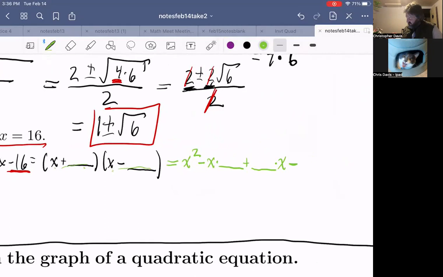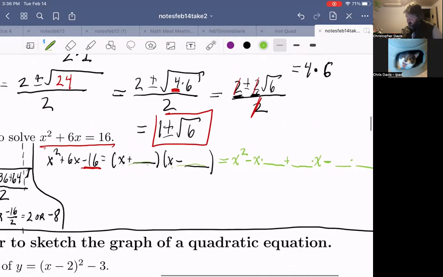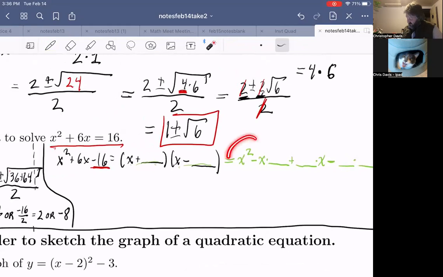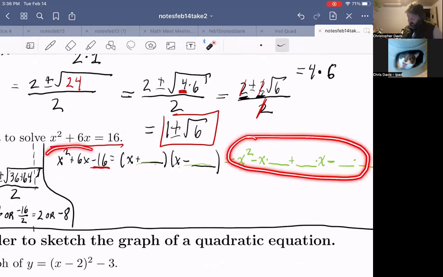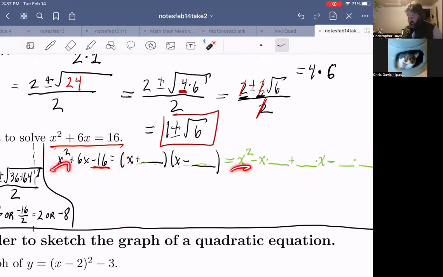So it's minus blank times blank. So the idea is this quantity needs to be the same as that quantity. And so that means they need to agree on the nose. X squared needs to be the same as x squared. It is. That's fine. This constant term down here needs to be the same as 16.